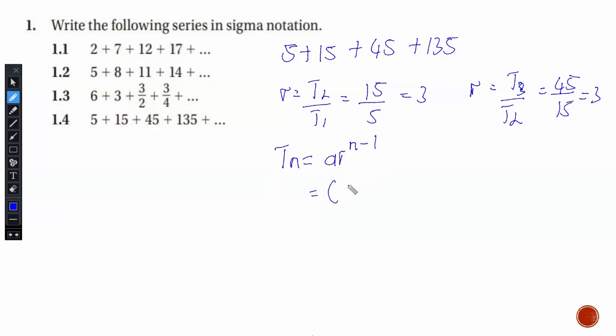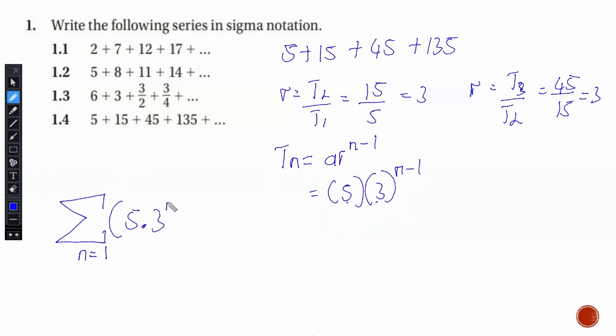So now we have our Tn is equal to ar to the exponent of n minus 1. Our a value is 5. Our r value is 3. And then n minus 1. Again, you can't say 5 multiplied by 3. You simply leave it like that. And then write your sigma notation. n is equal to 1. And then here your Tn is just 5 times 3 to the exponent of n minus 1.